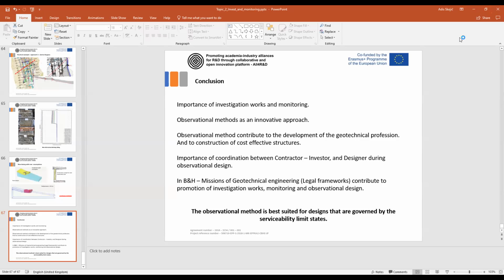Can I ask something from the previous session? Of course, anything. You mentioned the Eurocodes and the standards in Bosnia and Herzegovina, and you mentioned that boreholes are meant to be from 20 to 200 meters.